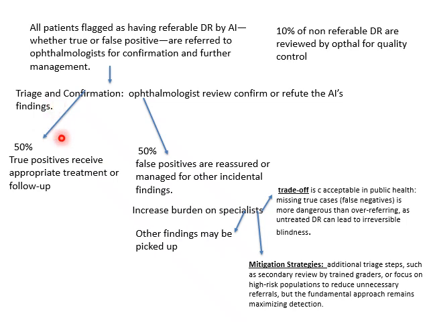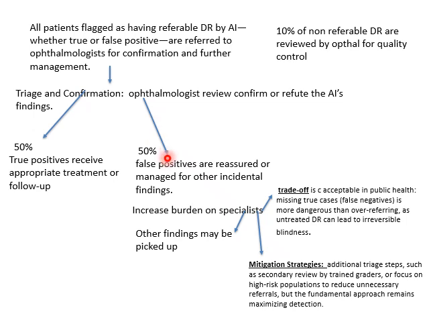If your AI is flagging 100 cases, 50% will be true positives because the ophthalmologist has seen it and decided this is a true positive. Another 50% which the AI has generated, we don't know yet that they are false positives till your ophthalmologist looks into it and says this is a false positive.